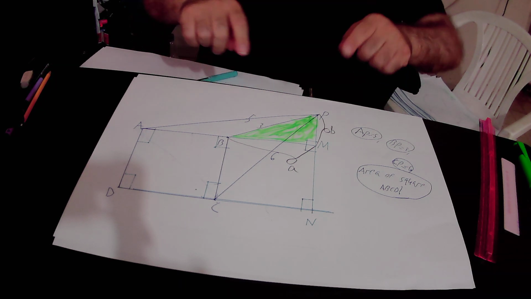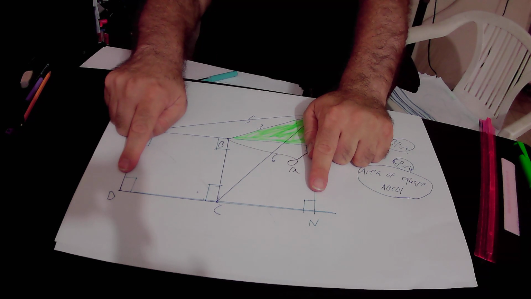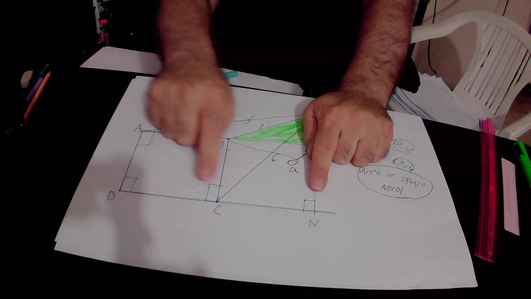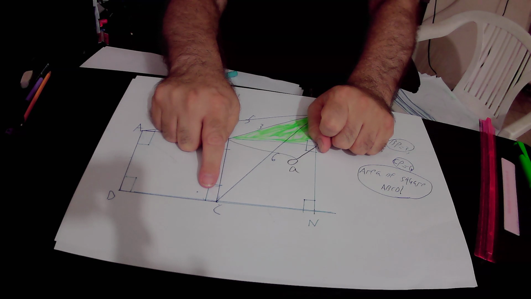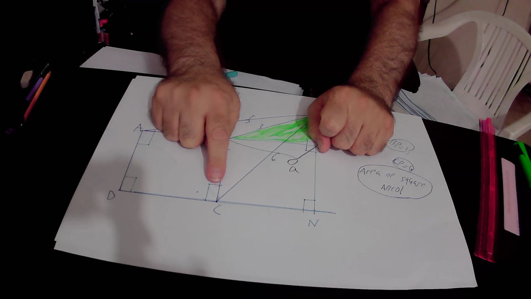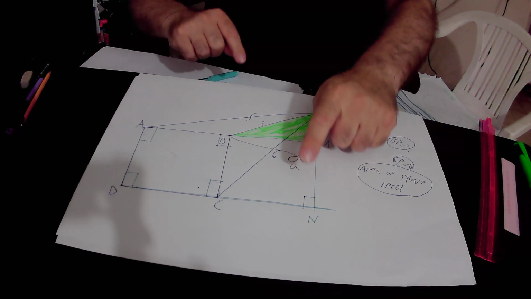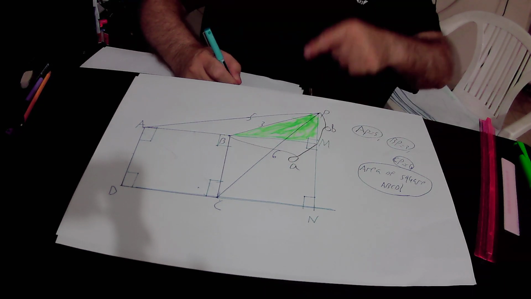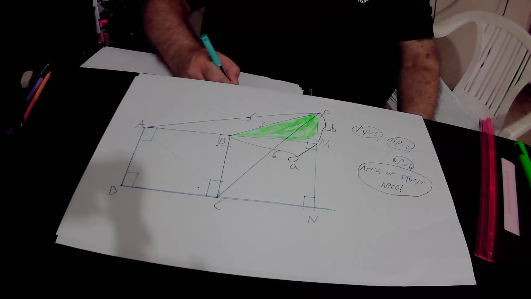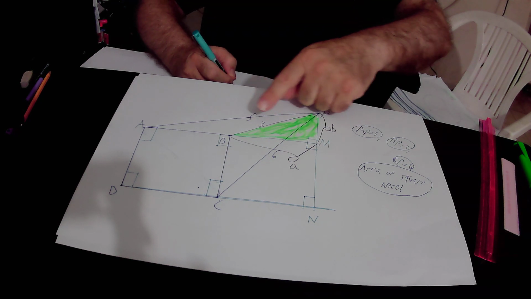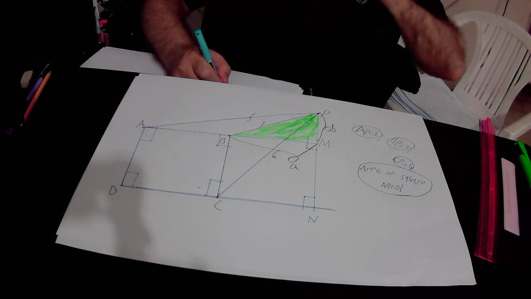And if we focus on the upper side of the straight line DN at point C, here the sum of the angles must be equal to 180 degrees. So which angles do we have at the upper side of DN at point C? We have this angle that is equal to 90 degrees plus angle BCN.